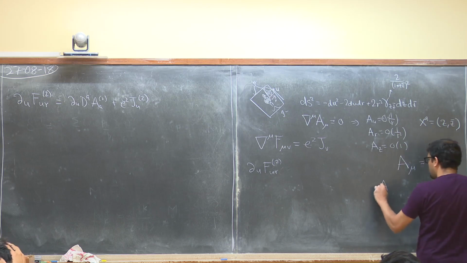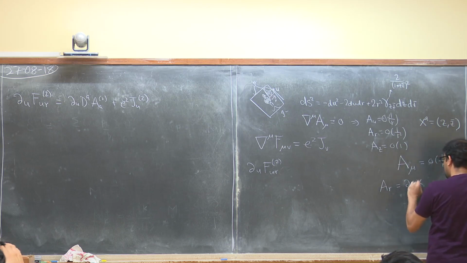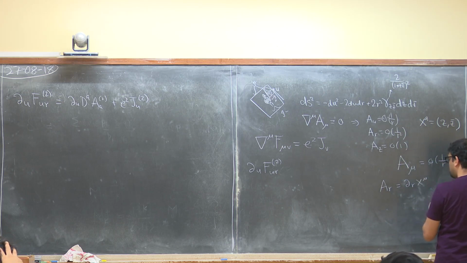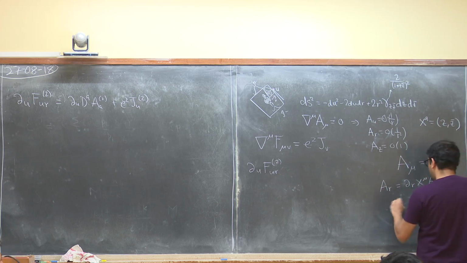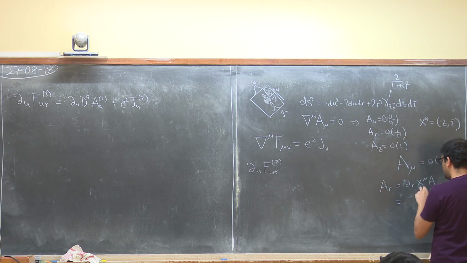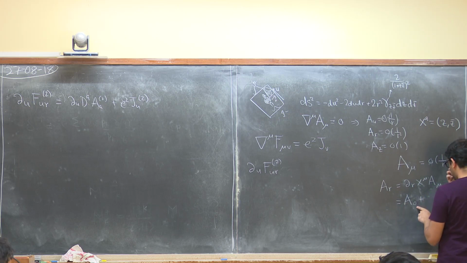Let me see. So A_r is just del r x mu. Yeah, I can explain where that comes from. Right. So to leading order, this is just del r at fixed u. So this is just A_u plus A0 plus A vector.